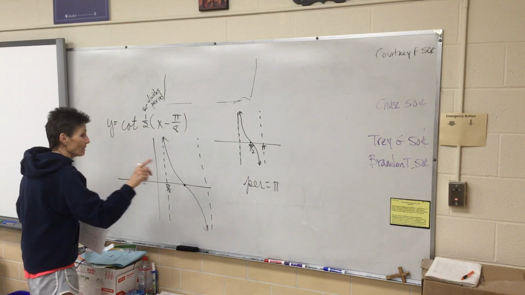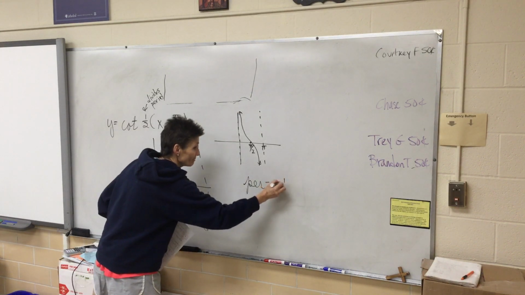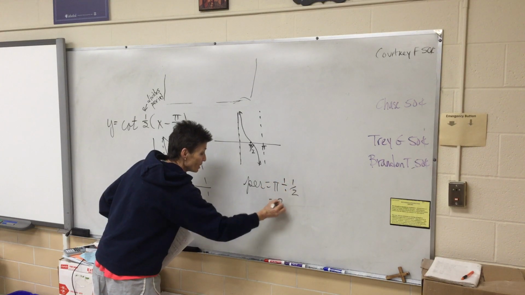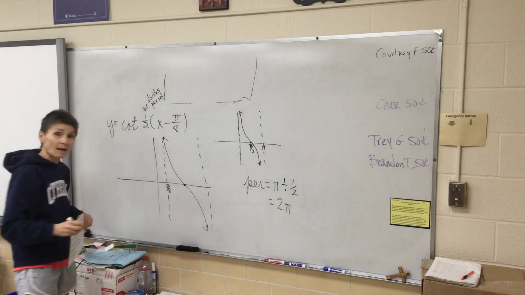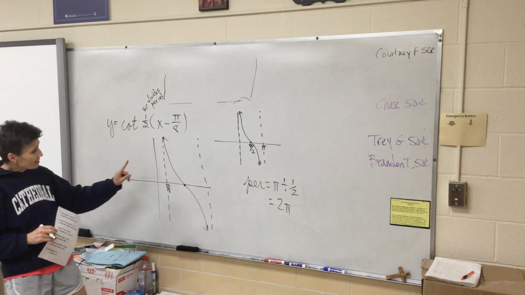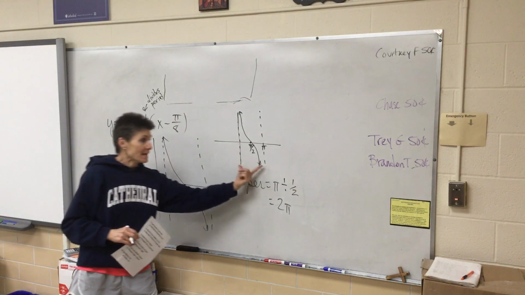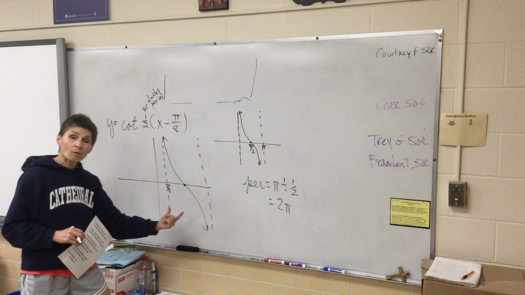So if my period was supposed to be pi, it's now been divided by a half, which means it's now times 2, so 2 pi. So the distance from asymptote to asymptote, instead of being pi, is now 2 pi.